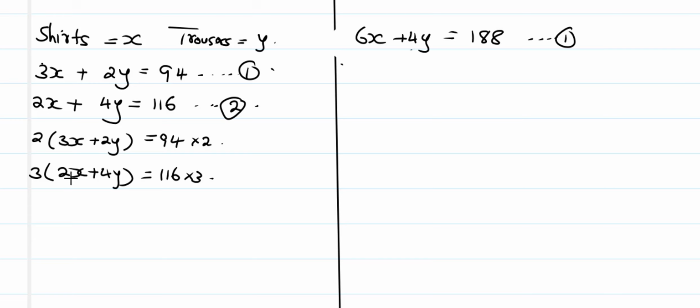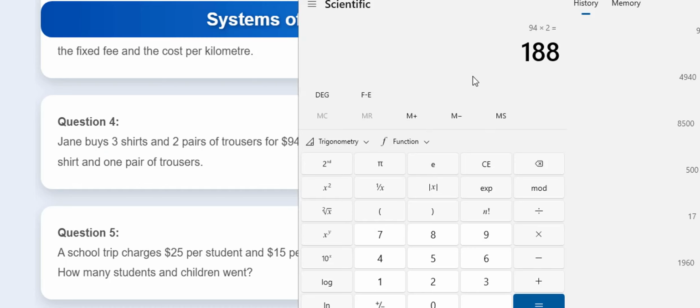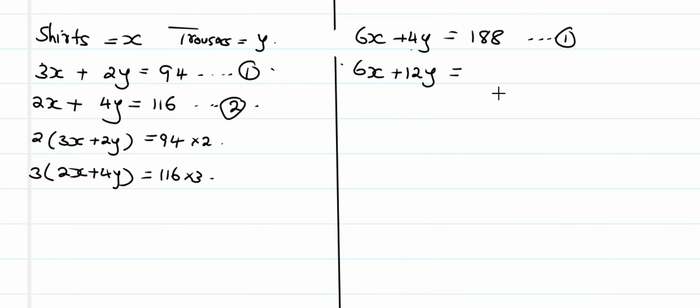And then the second one, 3 by 2 is 6x again, plus 3 by 4 is 12y, equals 116 by 3, which we can still use our calculator for. 116 by 3 is 348, and now this becomes our second equation.